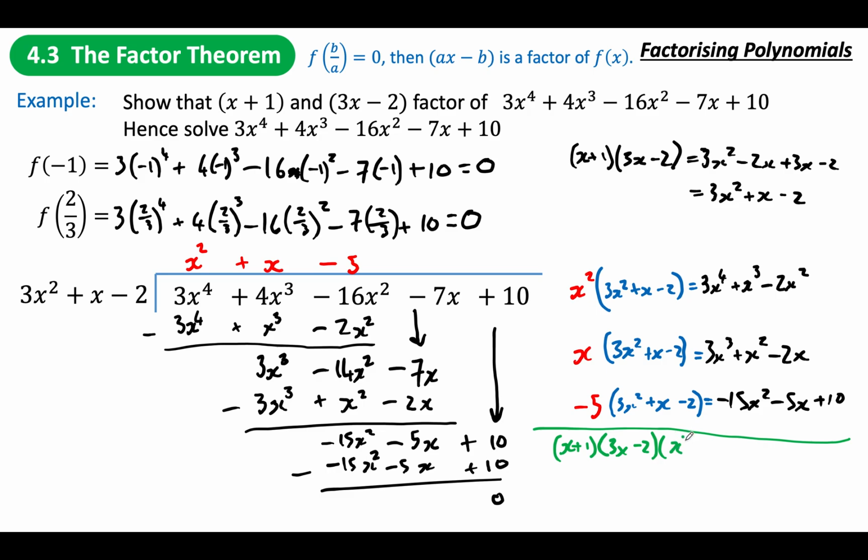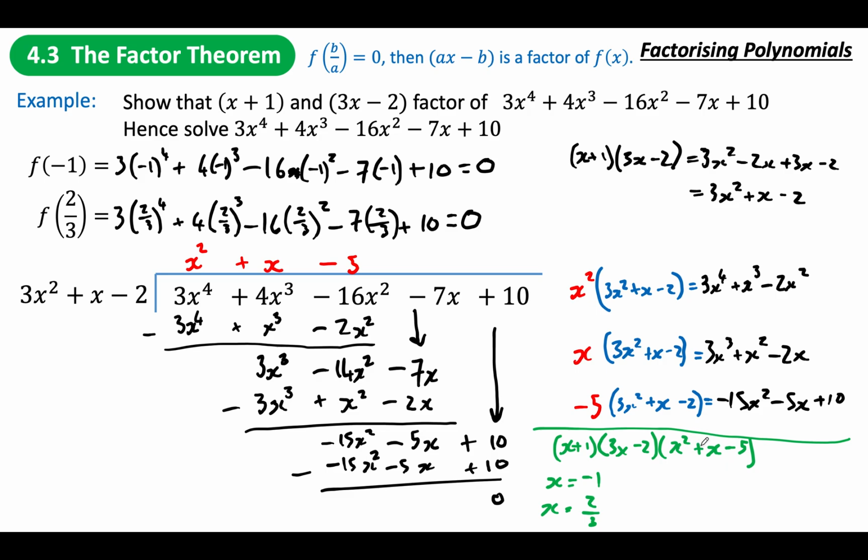And I've got x squared plus x minus 5. Now, that isn't going to factorise, is it? Which is deeply annoying. Which means we need to use the quadratic formula to solve the last bit. But your values of x are going to be x equals negative 1, x equals 2 over 3, and then you're going to use the quadratic formula on here.